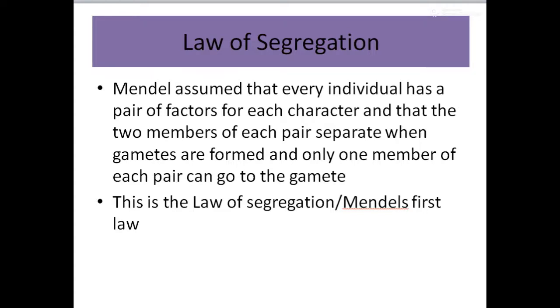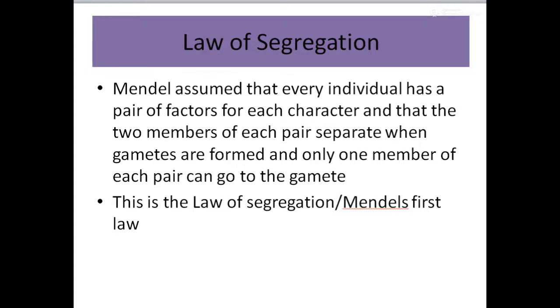And at the time of gamete formation, what happens? The factors responsible for each trait get separated, and every gamete obtains one member of each pair.